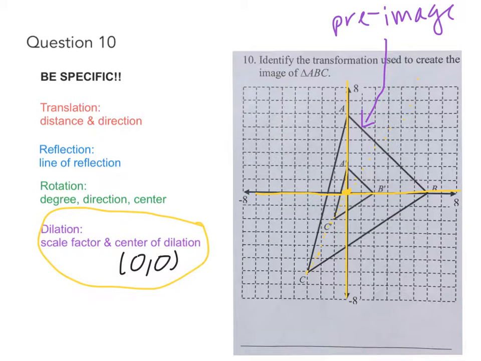So I might look at the distance from A to the origin, and I might count going down 1, 2, 3, 4, 5, 6 units. So that original distance is 6 units. Then I'm going to look at A prime. The distance from A prime to the center of dilation is 2 units.